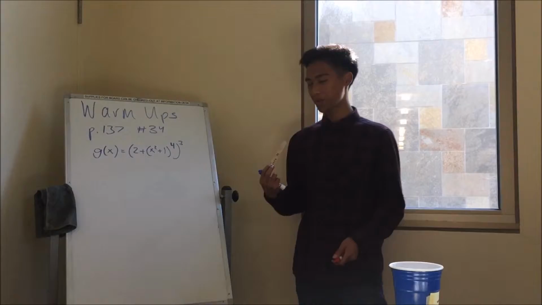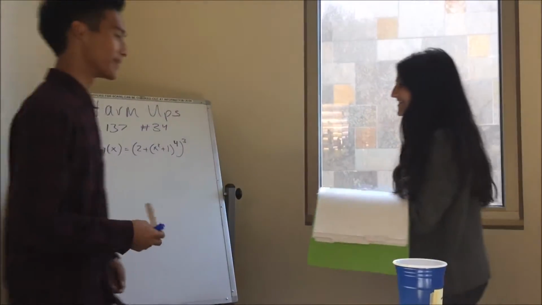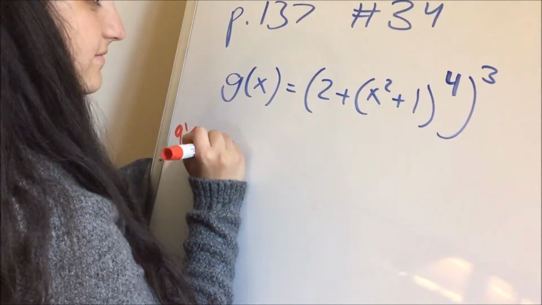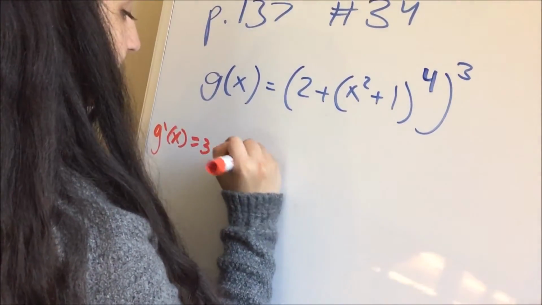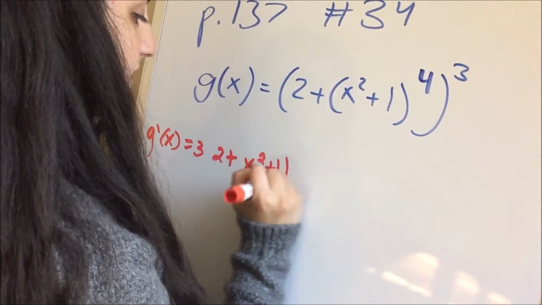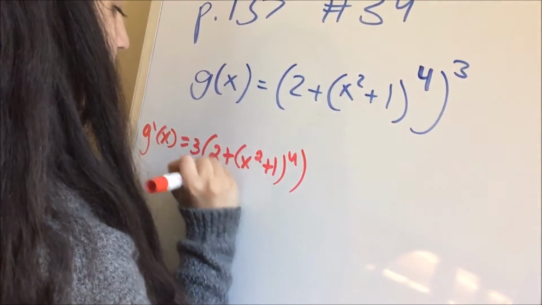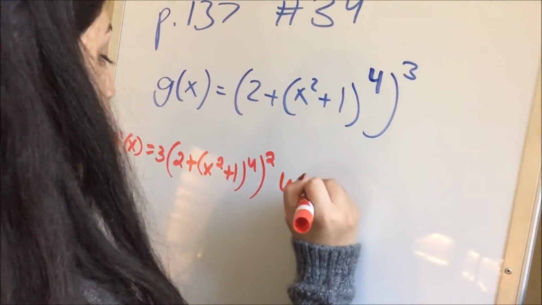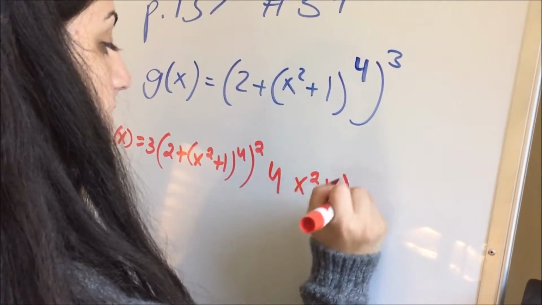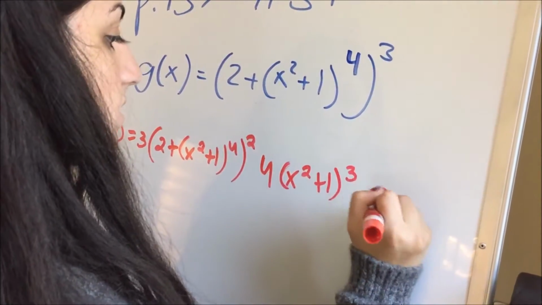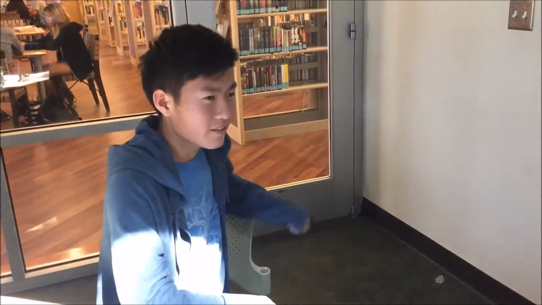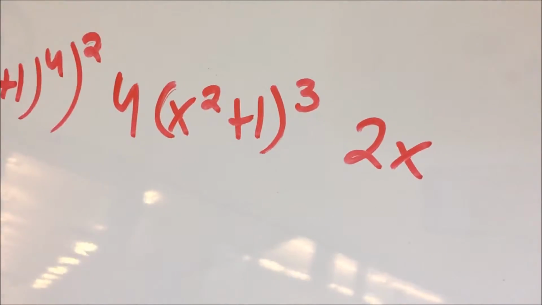Sara, will you help me do the problem? How do you get 4 times (x squared plus 1) raised to the third times 2x?